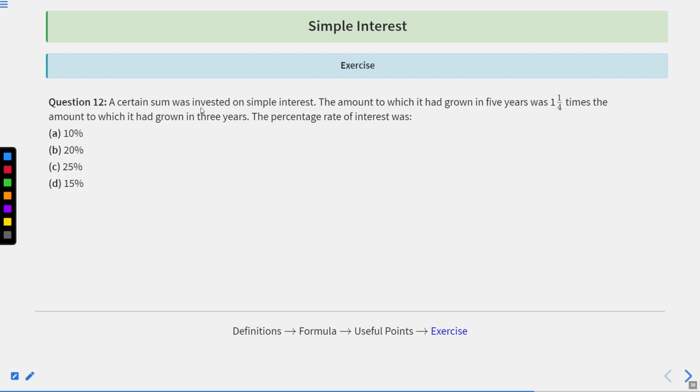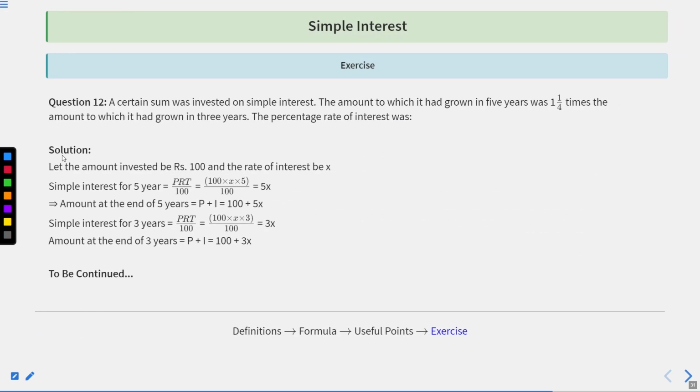Question number 12. A certain sum was invested on simple interest. The amount to which it had grown in 5 years was 4 times the amount to which it had grown in 3 years. The percentage rate of interest was?